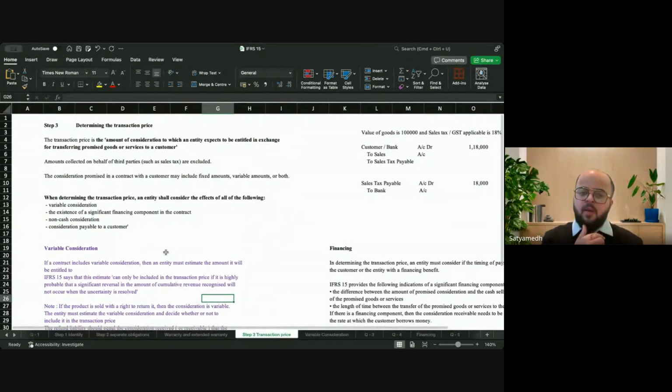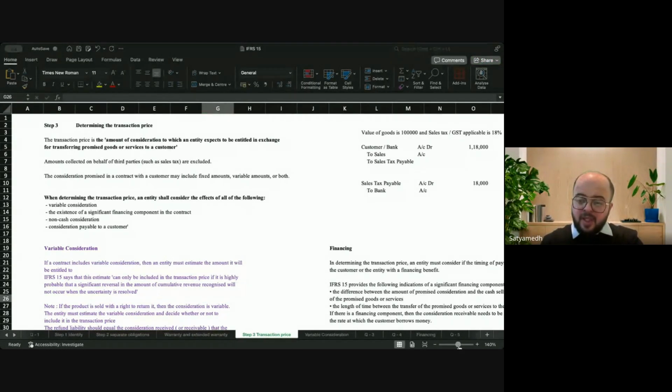So let us understand what exactly the transaction price is. This is the price or the amount of consideration that is promised under the contract. What is consideration? Something received in exchange. I deliver a laptop to you and I get 30,000 from you. So the amount of 30,000 that has been promised under the contract is my consideration.